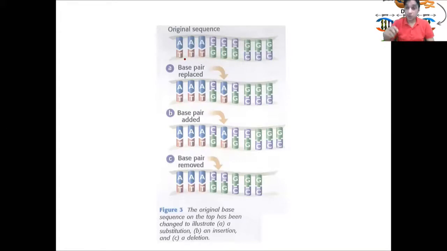So mutations in the genetic material will result in trouble in the structure of the protein. It may be an additional base pair, that is a mutation. If a base pair is added, if a base pair is removed, that might be a mutation.